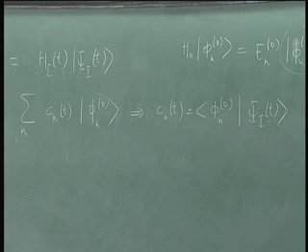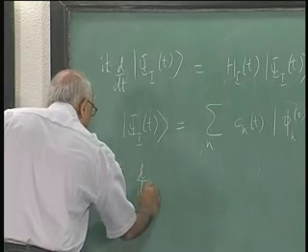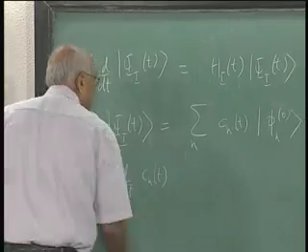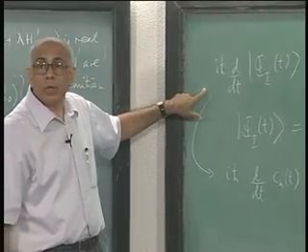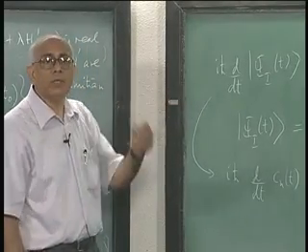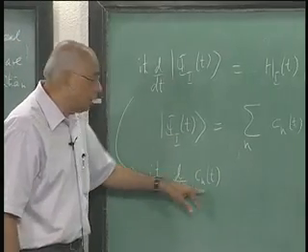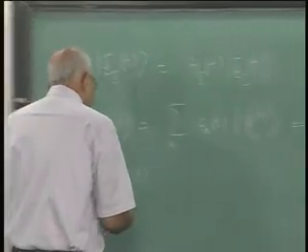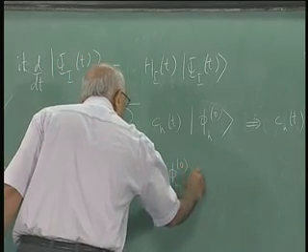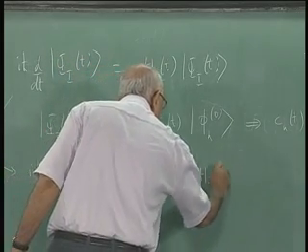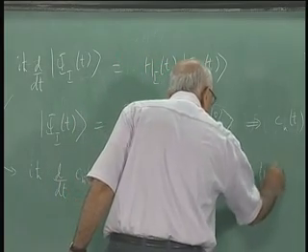So let us put that in and write i h cross d over dt Cn of t. So I take the scalar product on both sides with phi n of 0, and phi n of 0 is a time independent basis vector, so it becomes d over dt Cn of t on this side, that is equal to phi n 0 H_I of t psi I of t.